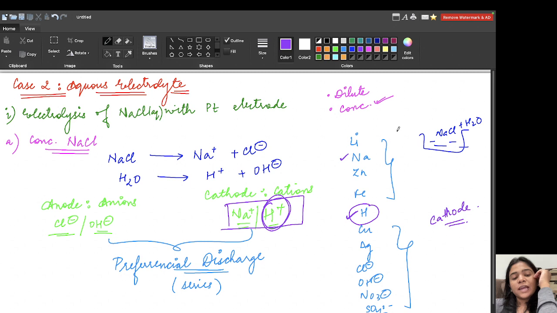Next we have to take in anode which one is more upwards. So you have the option of Cl minus and OH minus. Cl is here, OH is here. Which will win? Cl has won the competition. So from this, you need to learn the preferential discharge series.